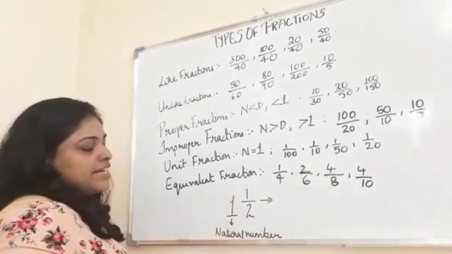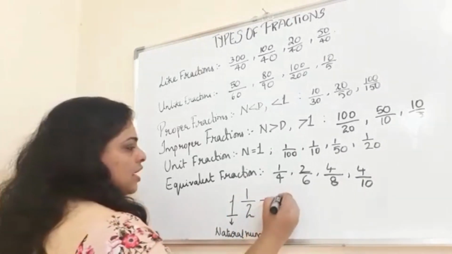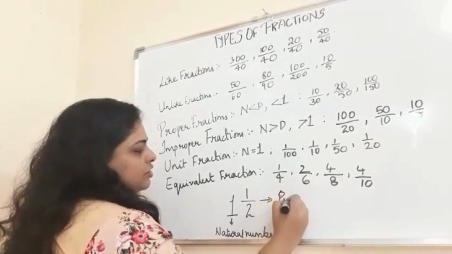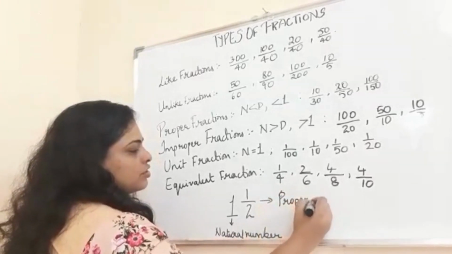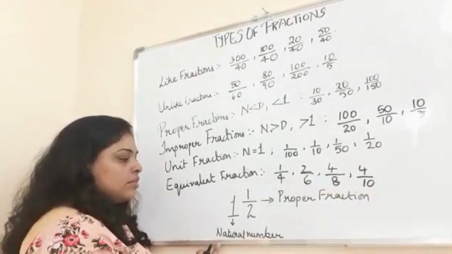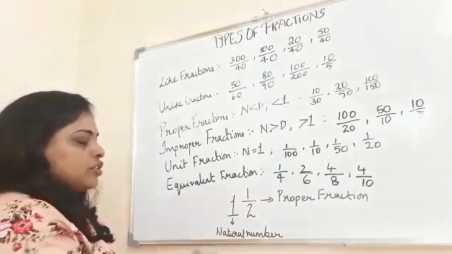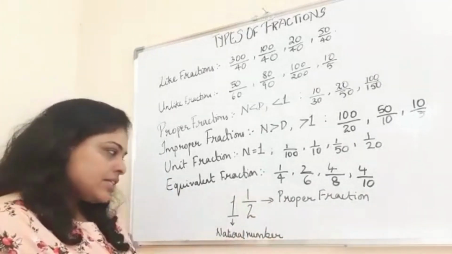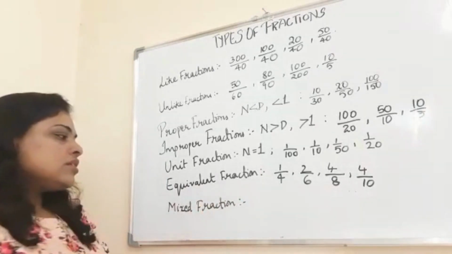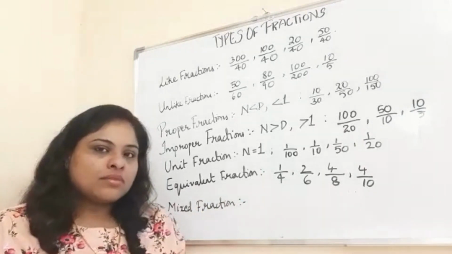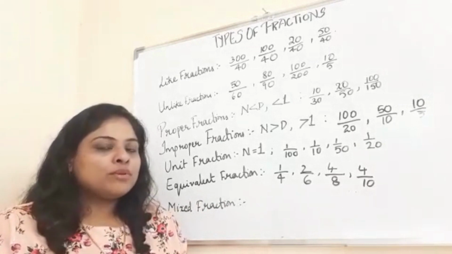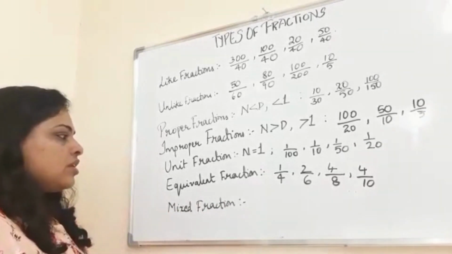Such kind of fraction, where numerator is lesser than denominator, is known as proper fraction. Natural number along with proper fraction is known as mixed fraction. So what is mixed fraction? The natural number along with proper fraction is mixed fraction.